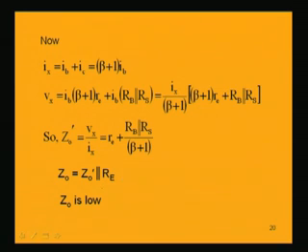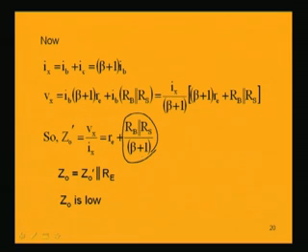And here one thing we can note is that the value of Z naught will be low, since Z naught is Z naught dash parallel Re. Re is a high resistance, no doubt, but then what is Z naught dash? Z naught dash is equal to small re plus this term. Now look into this term: it has the parallel resistance of Rb and Rs divided by (beta plus 1).